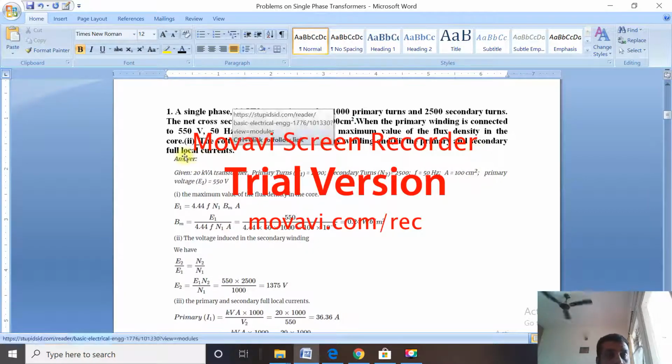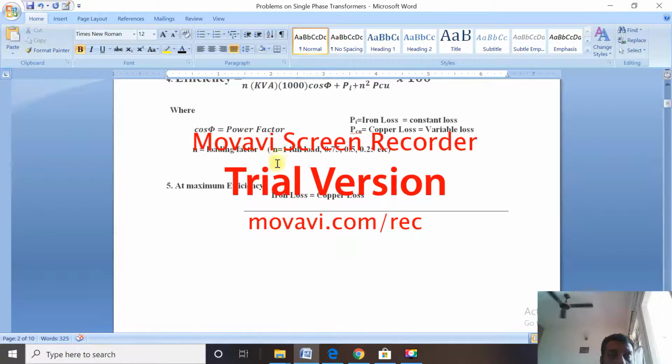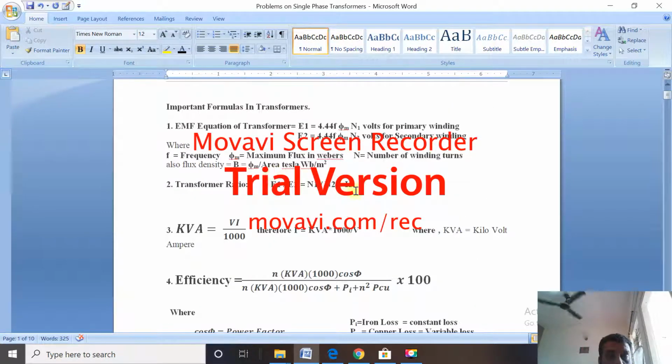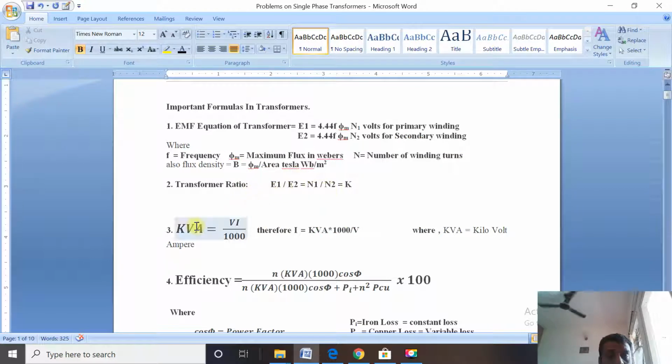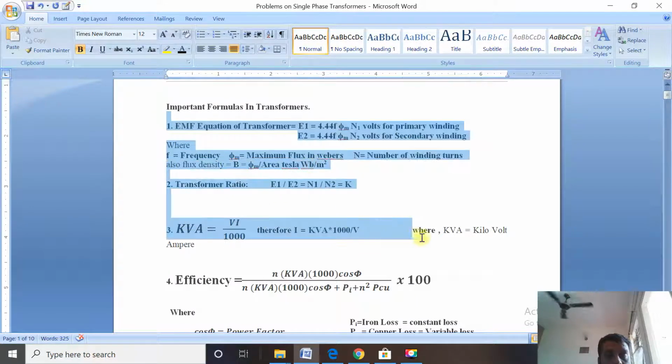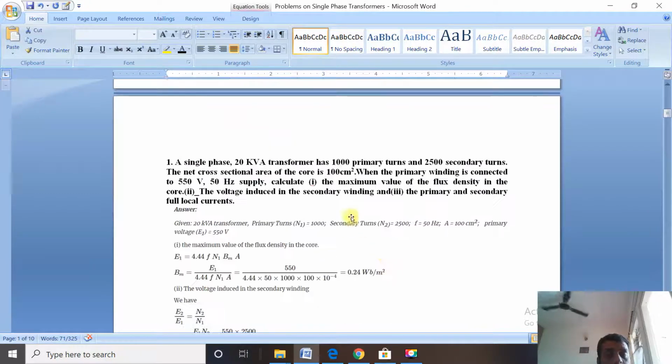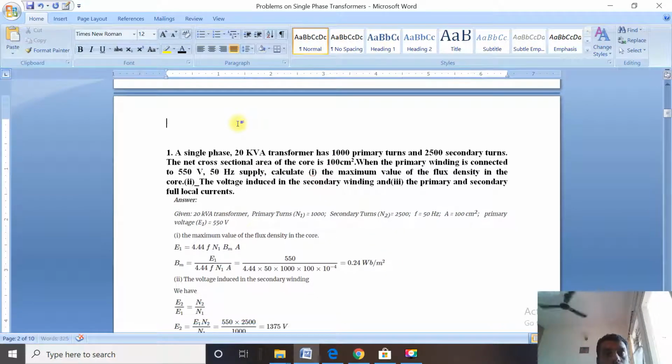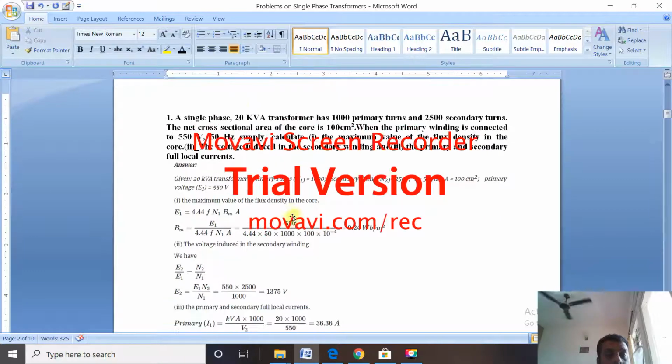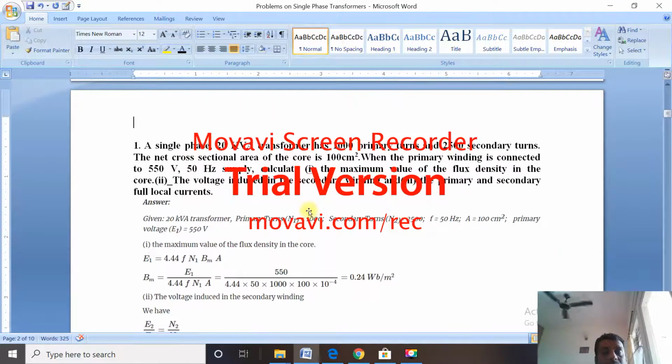And third, the primary and secondary full load currents. If you compare with the formulas, we are going to use the first three formulas to calculate the requirements. Agreed? Okay, so I'll expand this.